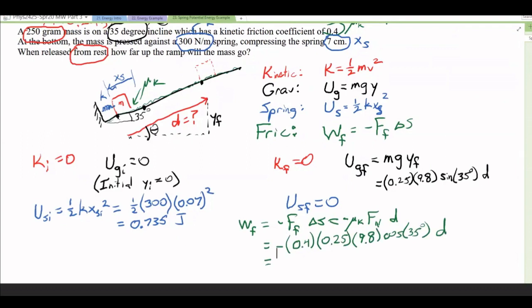And then I just have to calculate that over here. Mass times g times cosine theta times friction coefficient. Yeah, I got all those in there. So this is minus 0.8028 d.